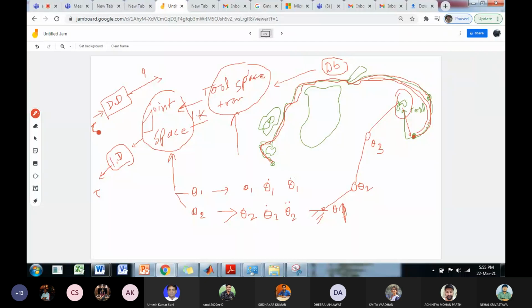All the time the torque is varying, so direct dynamics shows all the time varying values of the joint variables q1, q2, q3. The joint angles also vary with respect to time. So here you see the direct dynamics problem, here you see the inverse dynamics problem.